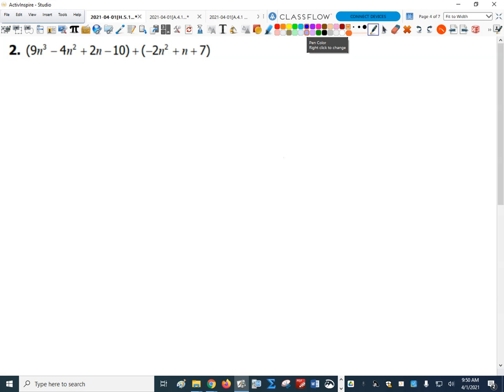But if I had a whole bunch of polynomials with many terms and higher exponents, right, higher degree polynomials, then sometimes it's useful to add these things up using columns.